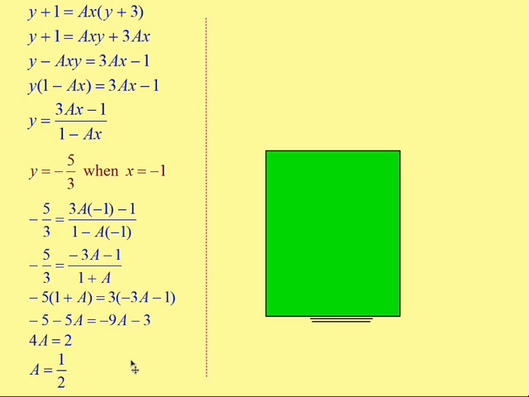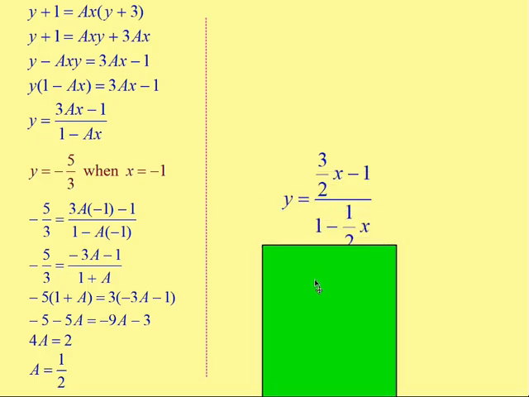Because we have now found the value of a, we can sub that into our general solution. So we will have y equals 3a times x becomes 3 times 1/2 times x, or in other words, 3 over 2 x, we've still got take away 1, and we'd have 1 take away ax, replace a with 1/2, so 1 take away 1/2 x.